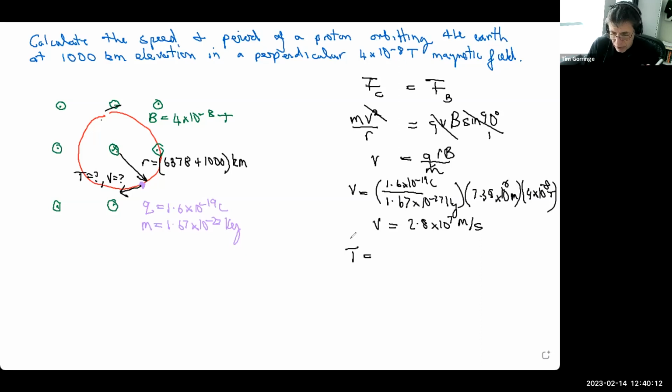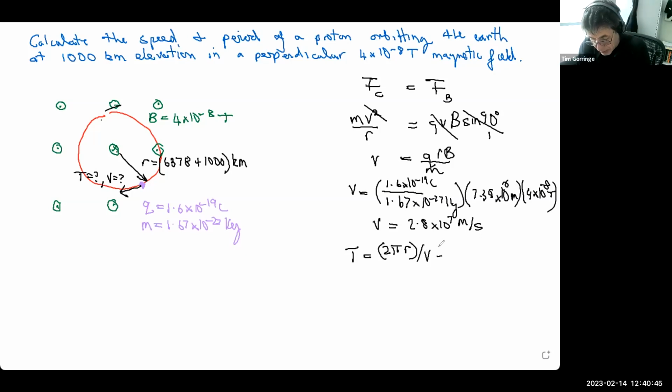So velocity equals distance over elapsed time, or we can turn that right around to make the elapsed time, the period in this case, the distance, 2 pi r, the circumference of the circle, divided by the velocity which the proton is traveling at. Clearly, if the circle had a larger circumference, it would take longer. If the particle was moving faster, v was larger, it would take less time. So it makes sense in that regard.